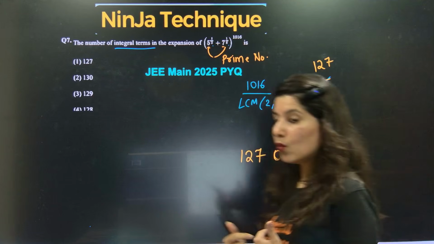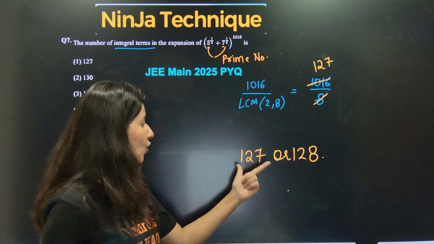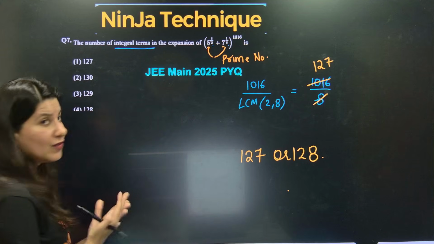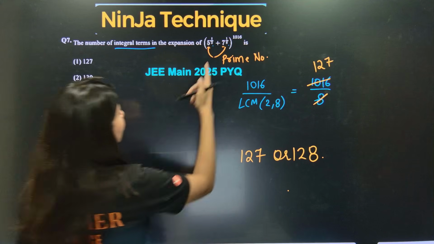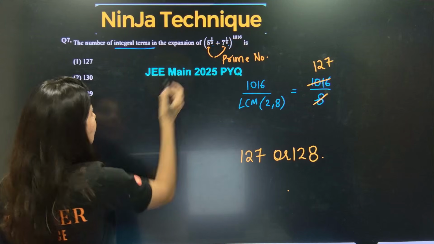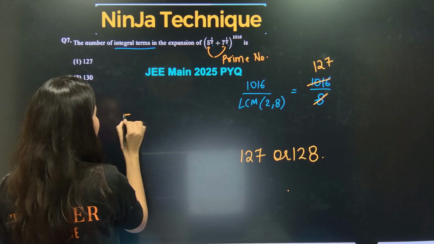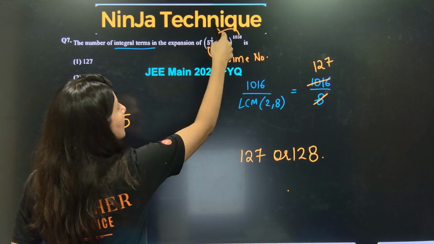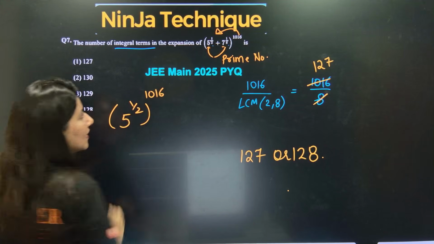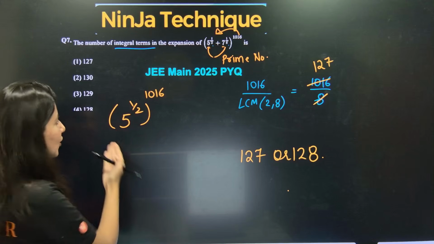But which thing will decide whether your answer is 127 or 128? For that, you have to just make sure that 5 power 1 by 2 power 1016, is this an integer? Yes ma'am.